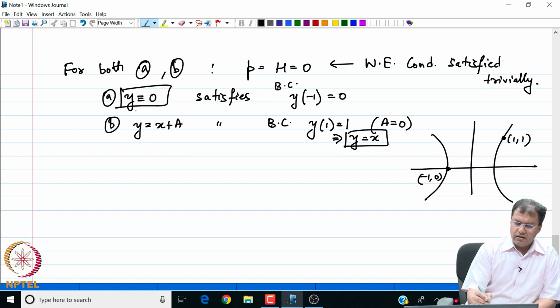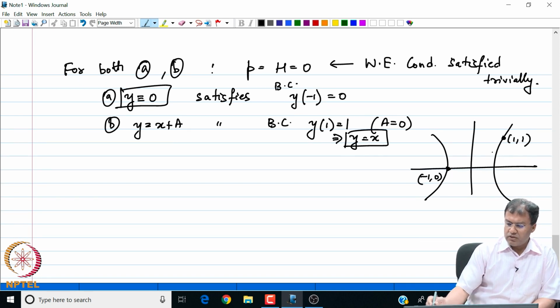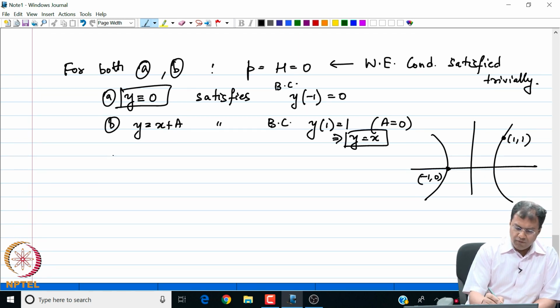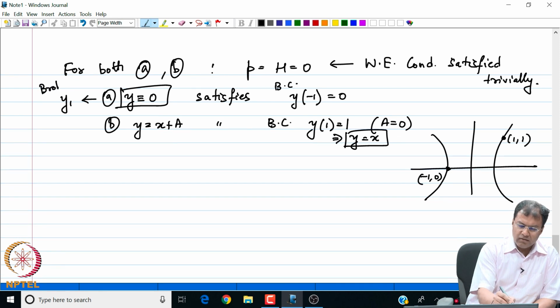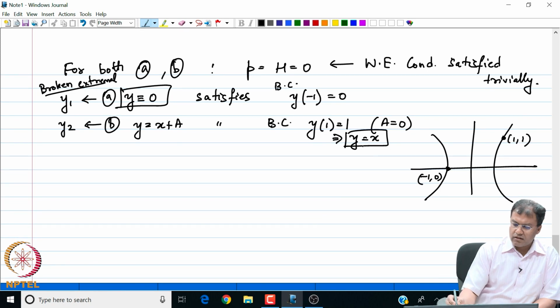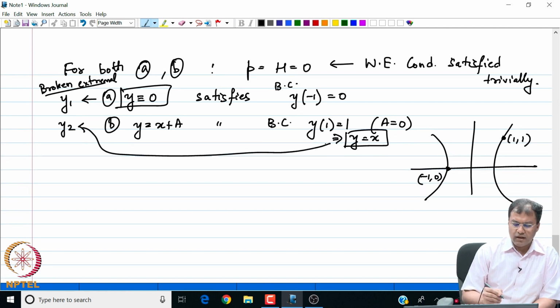We have to construct a broken extremal such that the extremal joins the two points under consideration. My solution from the left is y1, which is this, and the solution from the right, y2, is y equal to x.